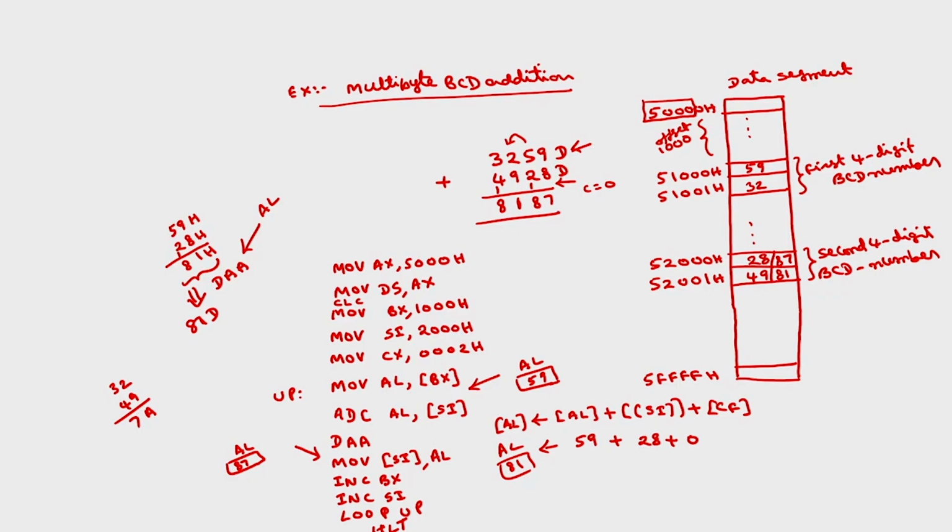If it is multi-byte binary addition, we have performed it without using this loop, in a single stage. The third example is a program on ASCII: multi-byte ASCII addition.